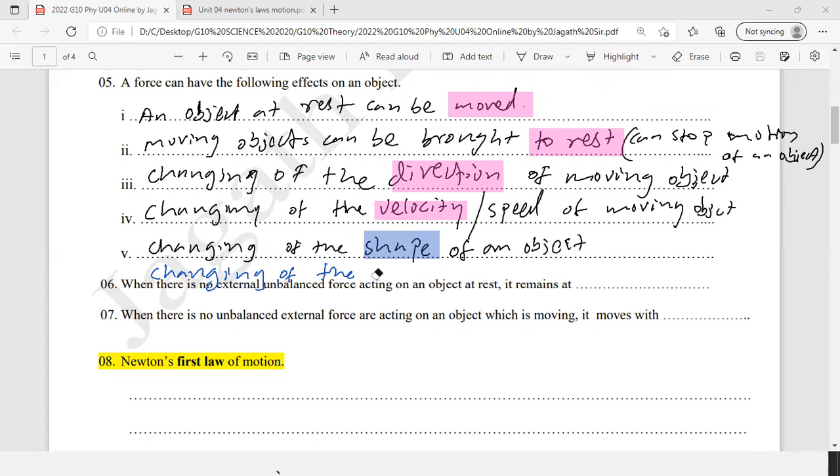You can change the length, for example, stretching a rubber band. So I gave now 6 changes that can be done by applying a force on an object.